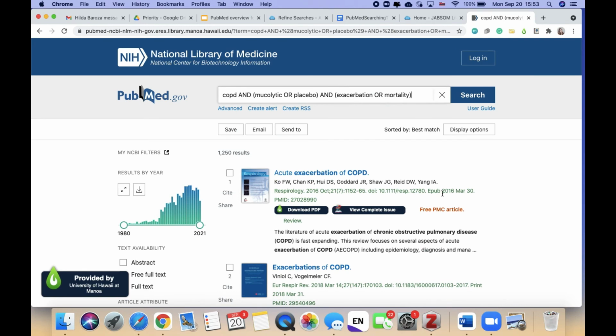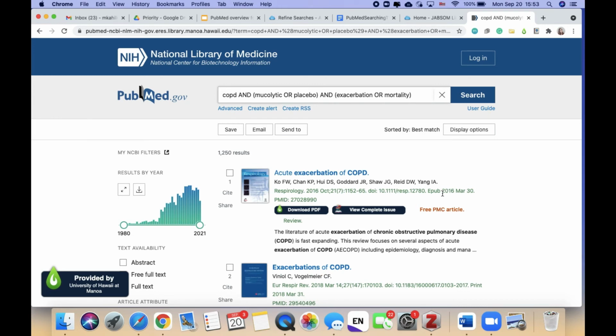So once I've done my search and I think I'm pretty happy with the results, right? I'm in a sweet spot where it doesn't seem like it's too many or too few. I like to think of database searching or literature searching kind of like an accordion. If you think of how an accordion goes in and out, maybe I start with too few results and I take it out and I get too many results, but then I can bring it back in to a better place.